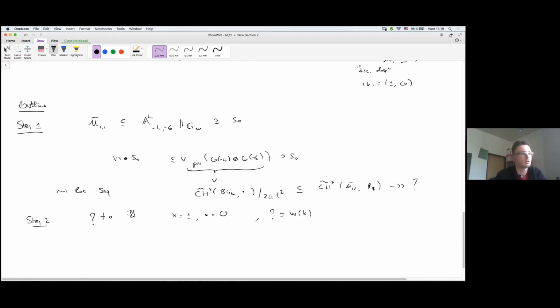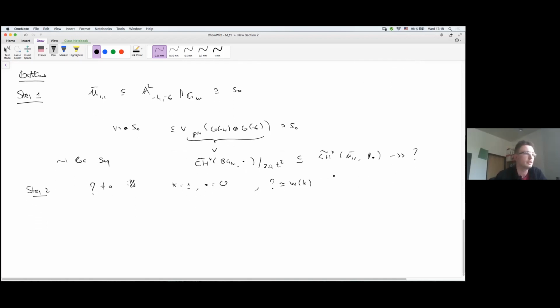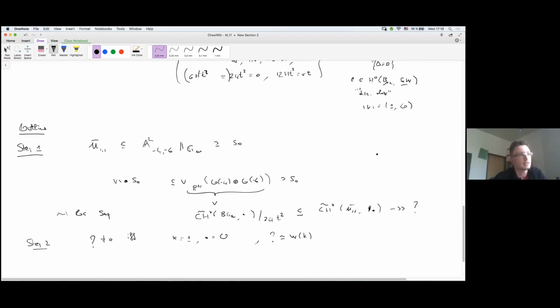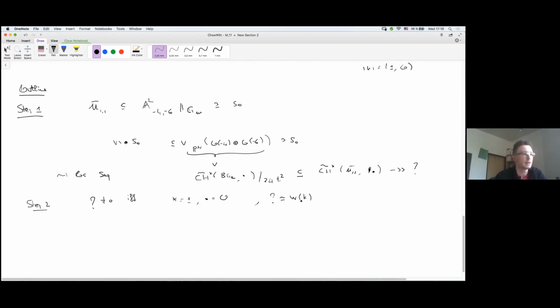So this means that the localization sequence determines all the generators except for one, which sits in bidegree 1, 0, and it's more or less the V that I gave in the statement. It's not exactly that, but it is that up to a unit of the Witt ring.